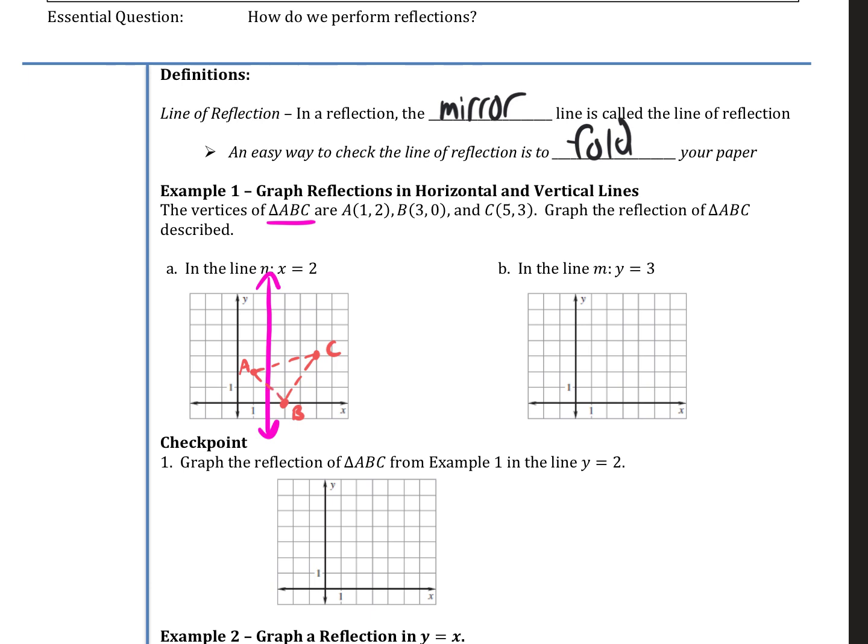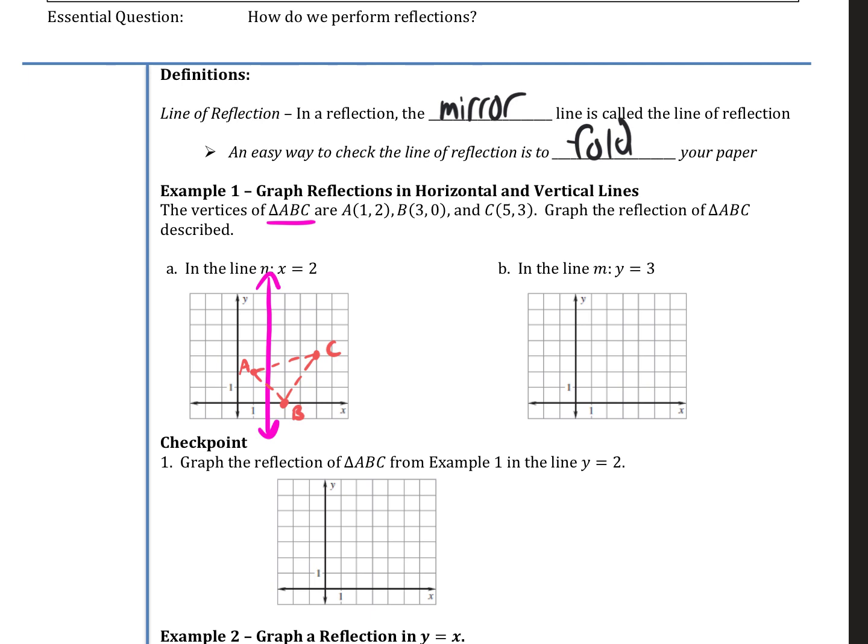To reflect over this line, I'm going to use a new color, green, okay? We're going to go at a right angle to the line, the same distance across the line, okay? So we have point A. A is one box to the left of this line. So if we go at a right angle to the line and go 1 across, you're not going to be able to see that.